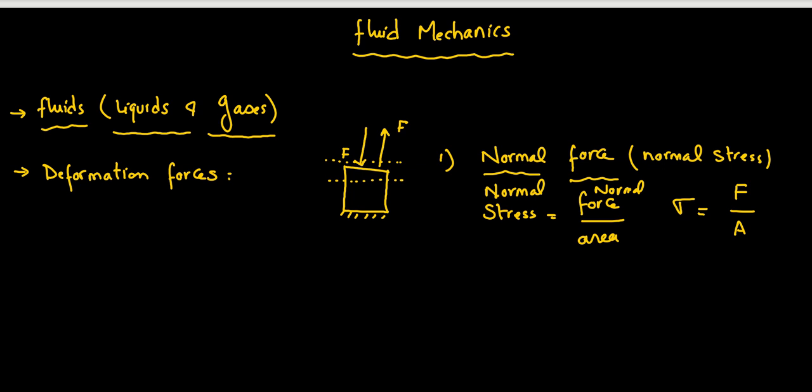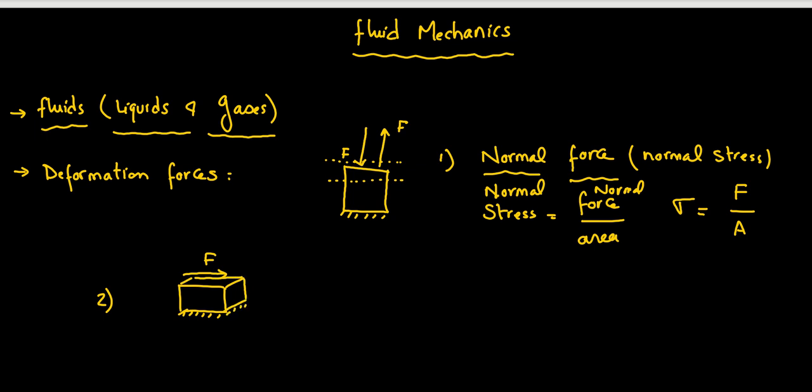The second common type of deformation force is when your body is exposed to, this is fixed, I'm applying a force, and that force is parallel to that surface. Imagine this is the three-dimensional top face here, and you are applying that force.